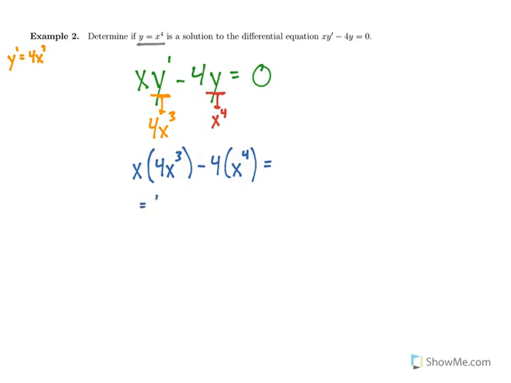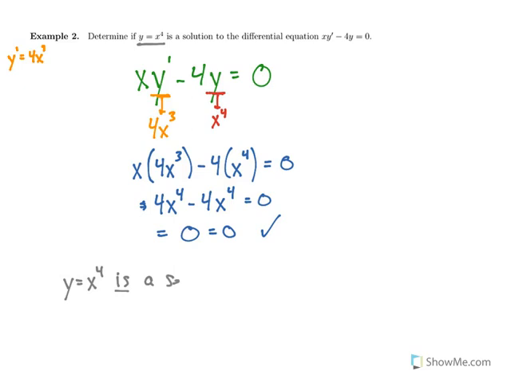That is equal to 4x to the fourth minus 4x to the fourth, which equals 0, and that is what we should get to satisfy that equation. So we say that y equals x to the fourth is a solution to the differential equation x y prime minus 4y equals 0.